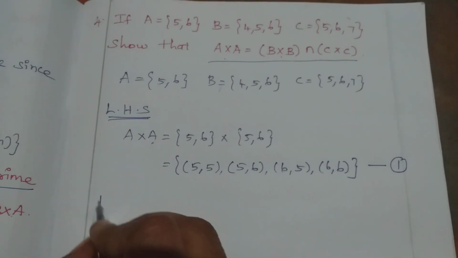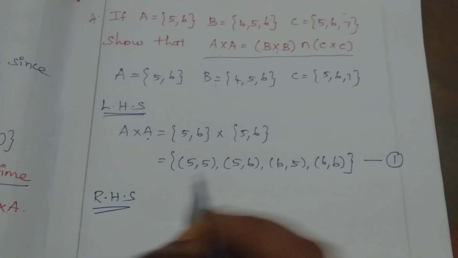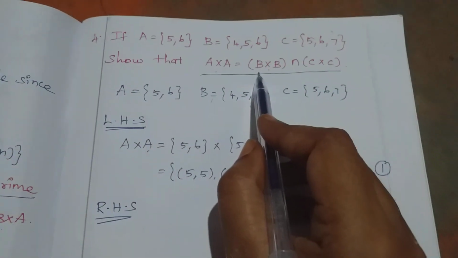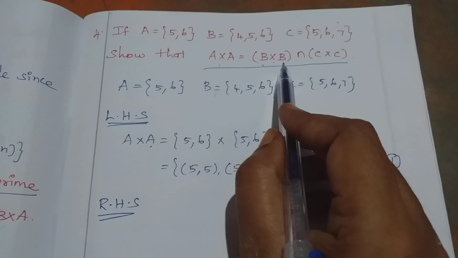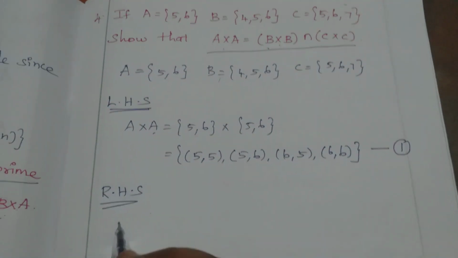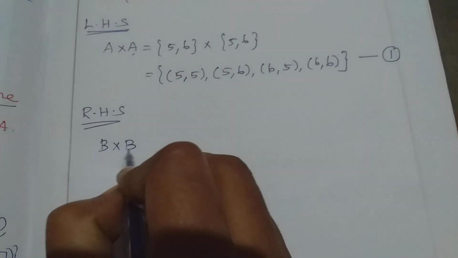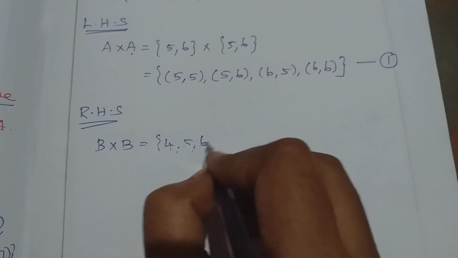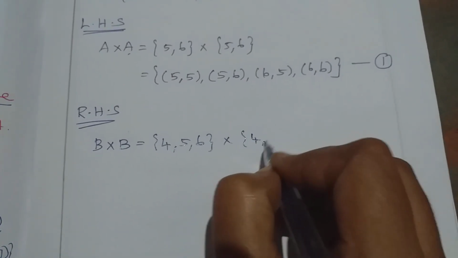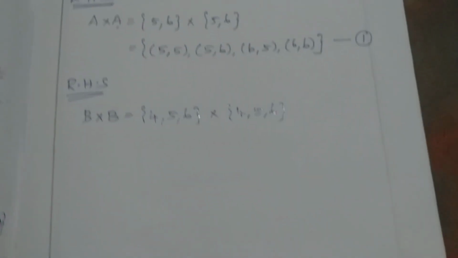And coming to the right hand side, what is the first part? B cross B. You have the first bracket as B cross B, so find B cross B first. What is B? {4, 5, 6} cross {4, 5, 6}.